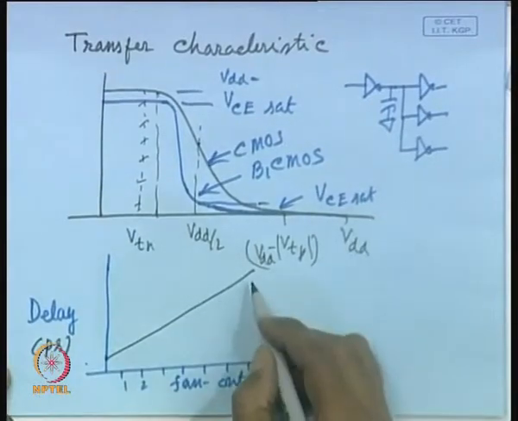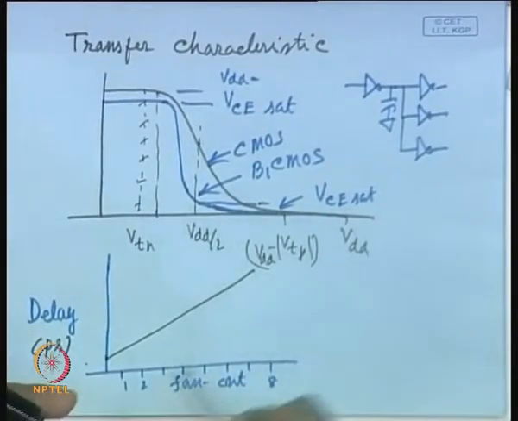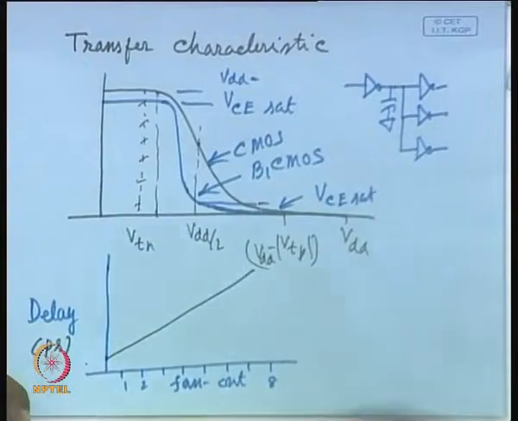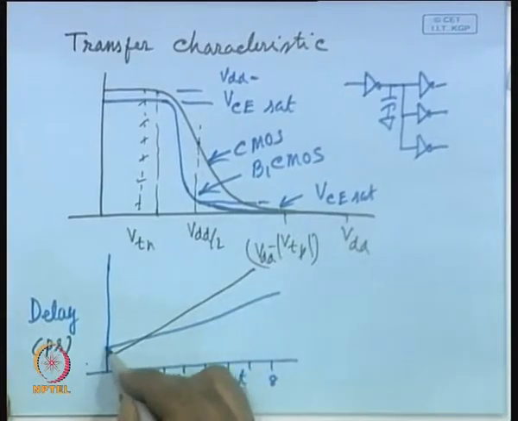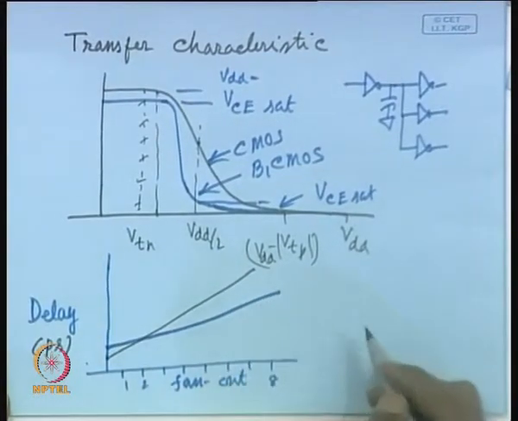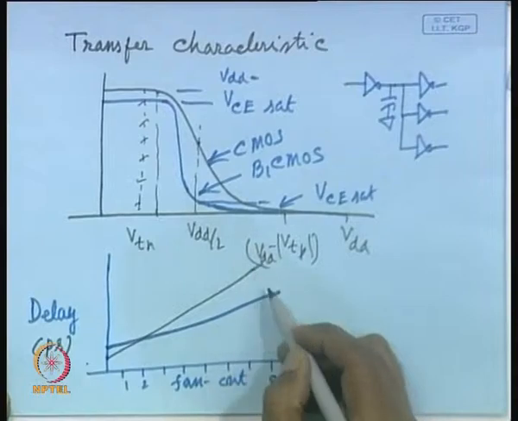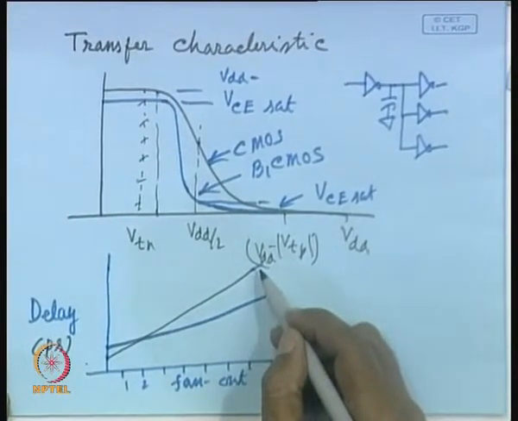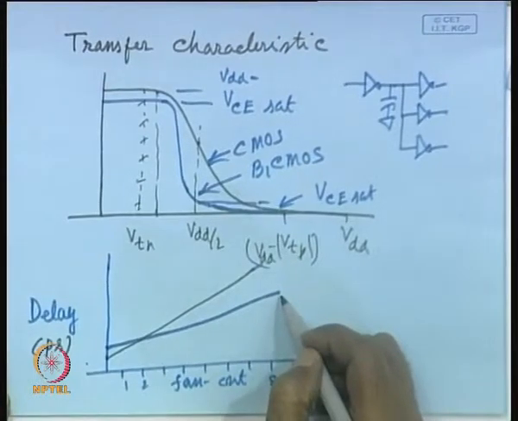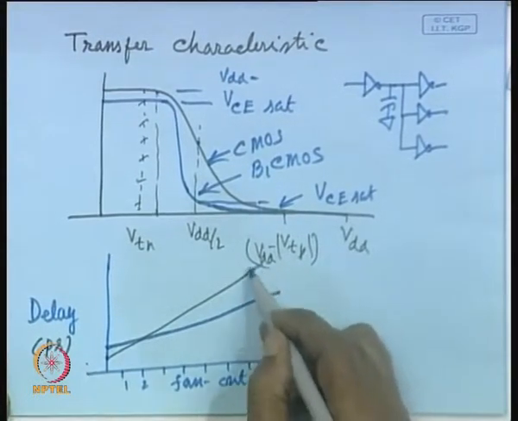In what way will it be different in case of a BiCMOS inverter? In case of a BiCMOS inverter, it has been found that the delay characteristic will be somewhat like this. That means delay will definitely increase, but for the BiCMOS inverter it will increase at a slower rate compared to standard CMOS.